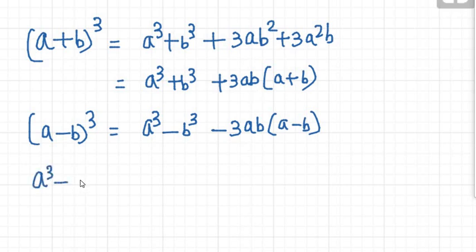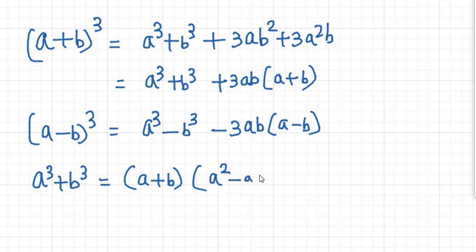Next is A cube plus B cube is equal to A plus B into A square minus AB plus B square.